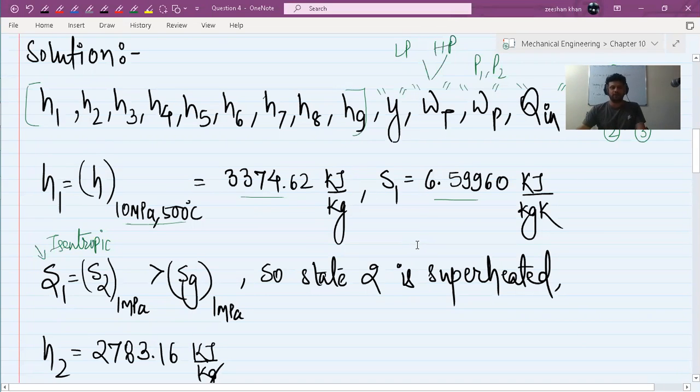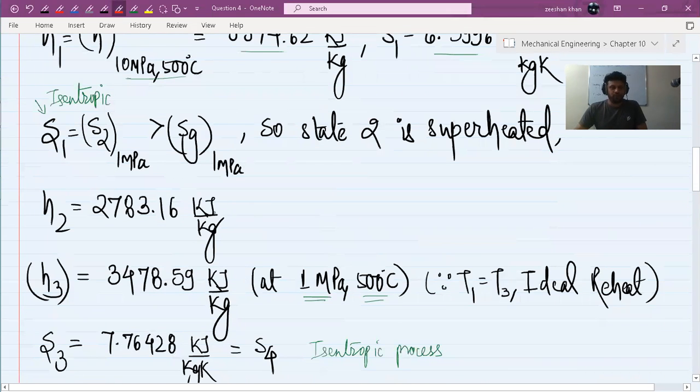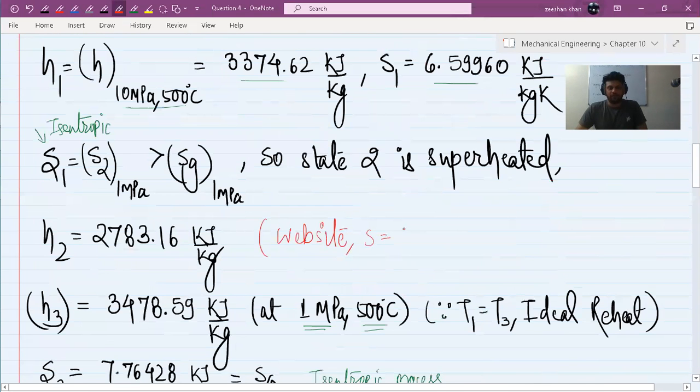We are going to find the enthalpy at state 2 using the website, putting in entropy equal to 6.59960 and pressure equal to 1 megapascals, and see if the enthalpy H2 comes out to be 2783.16. So let us go to the website and check out.